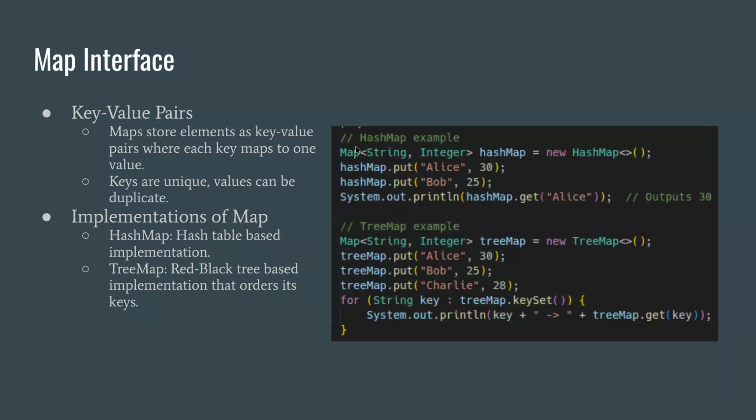This is really useful for situations where you want to retrieve data via a specific identifier, similar to looking up a word in a dictionary to find its definition. Some languages use the term dictionary, and we commonly use HashMaps for general purposes where order is not important, and TreeMaps when we need our keys sorted.